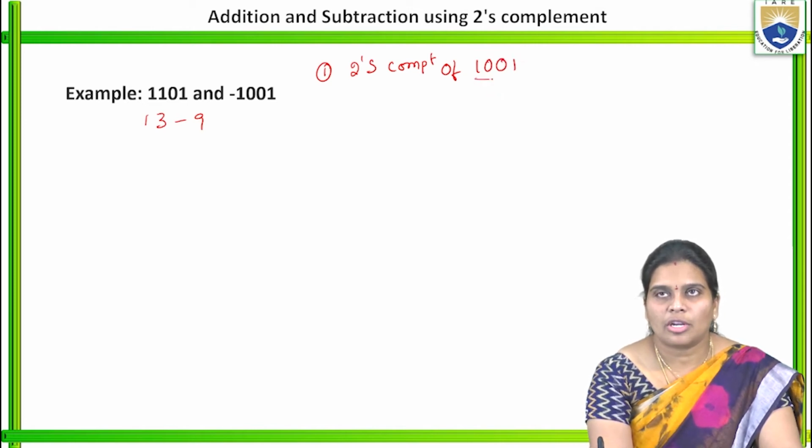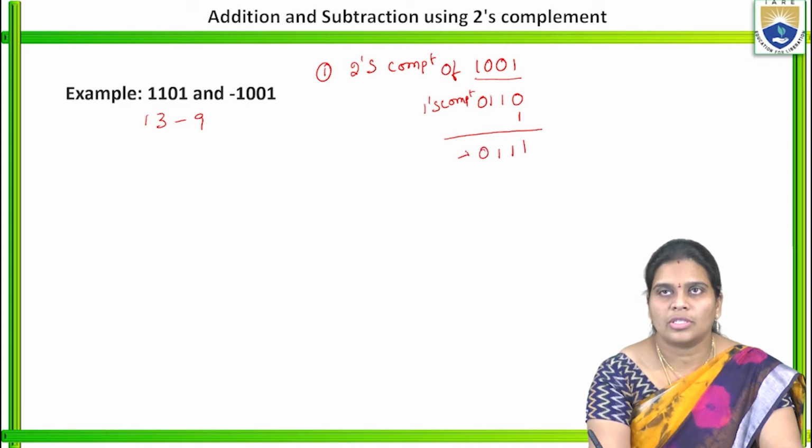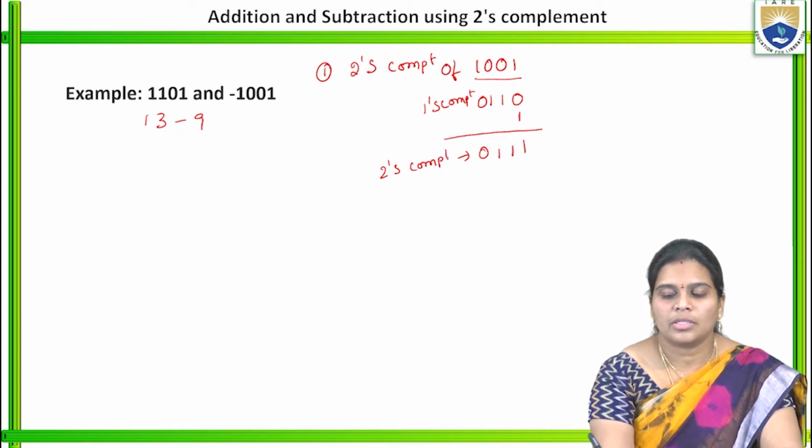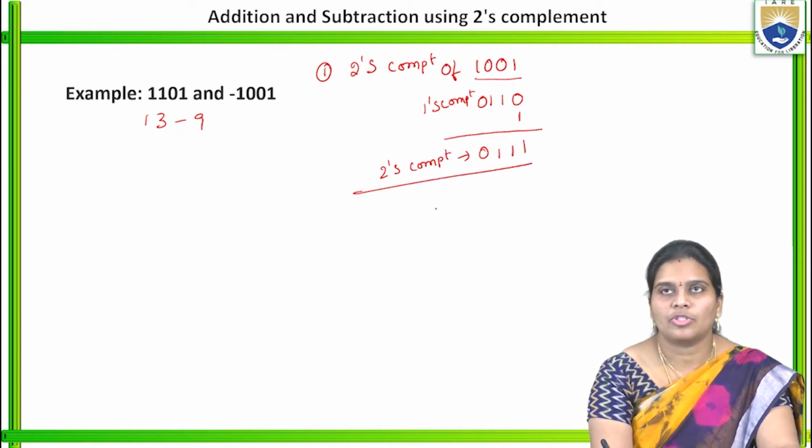This is the original binary value. First apply the ones complement: ones change to zeros, and zeros change to ones. Then in the LSB we add 1, giving 0111. This is the twos complement of 1001.